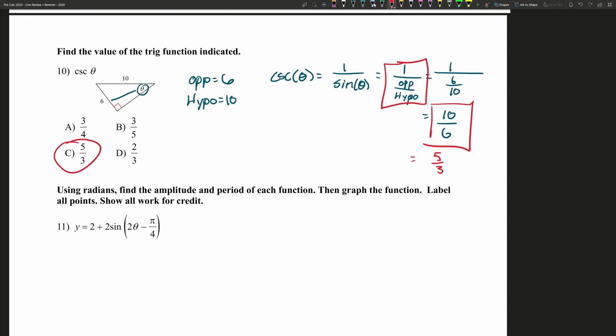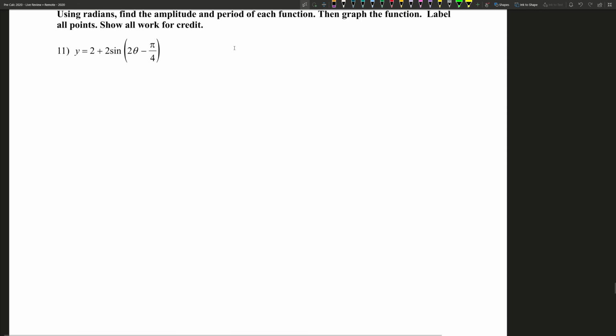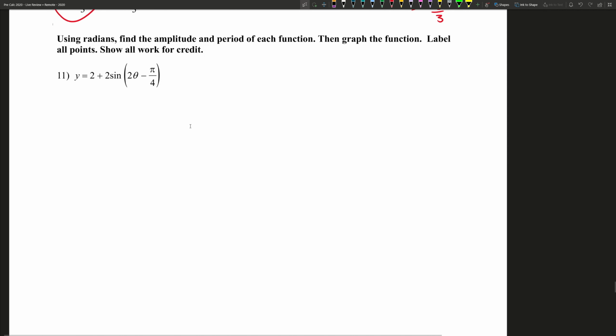Number 11 and number 12 are simple, so I'm going to do them in one go here, but it involves graphing trig functions. The first thing we need to do is a little bit of footwork. We get the vertical shift. That's going to be 2. We get the amplitude.